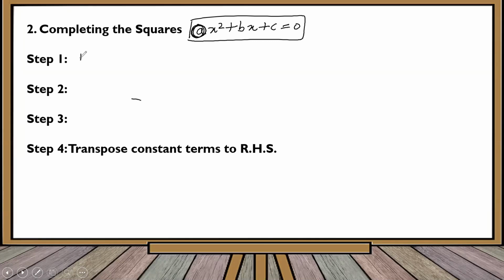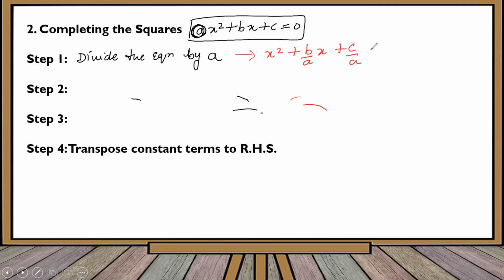Okay, so step 1 says divide the equation by a. So if I divide the equation by a, what am I going to get? This will get converted to x square plus b upon a x plus c upon a equal to 0.